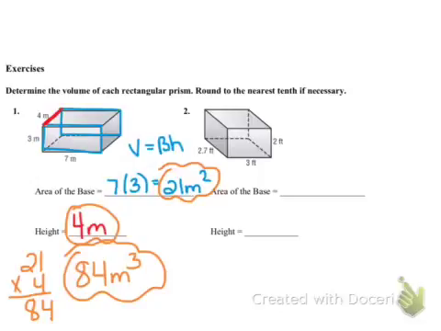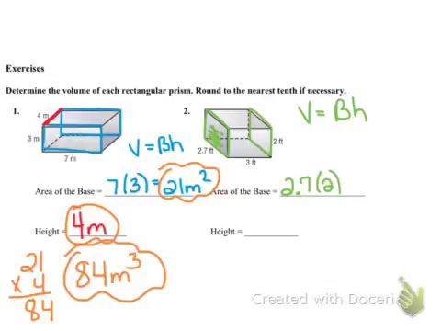Look at this next one. Okay, on this one, let's do the left and right as the base. So let's say that these two sides are our bases. Okay, if we're going to find the volume, again, the volume of a prism is area of the base times the height. Our bases are 2.7 by 2. So 2 7/10 times 2.